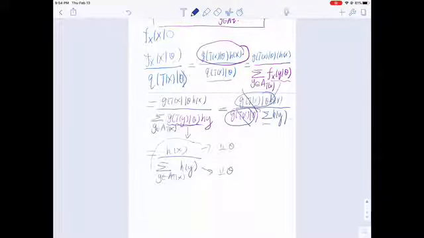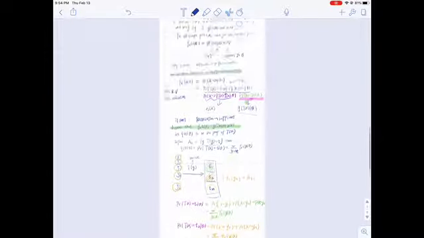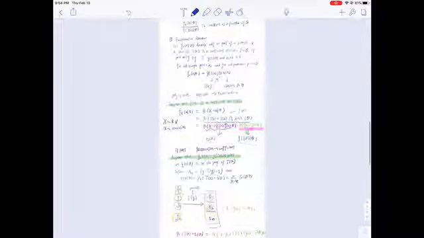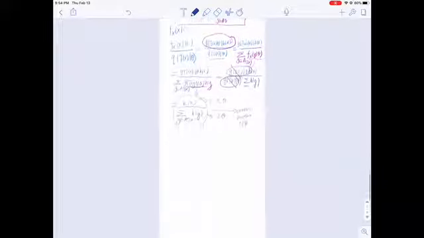So the whole thing is a constant function of theta. So we show that if we assume the factorization exists, then T of x is a sufficient statistic. By showing both the only if part and the if part, we complete the proof for the factorization theorem.